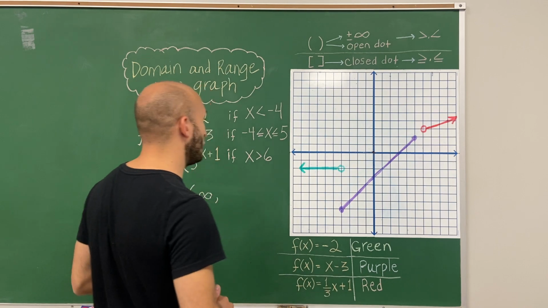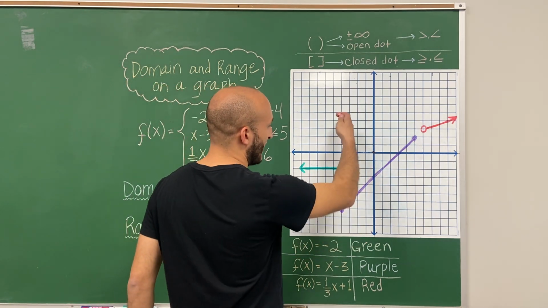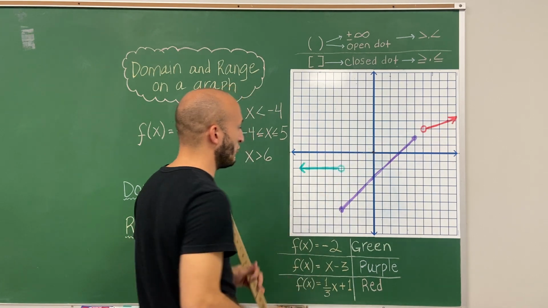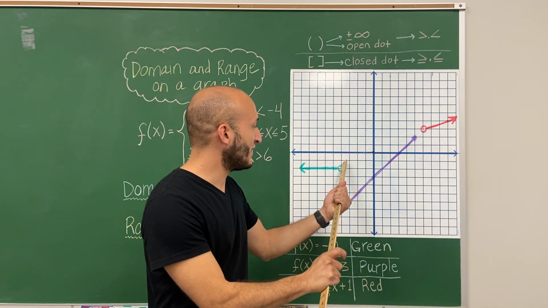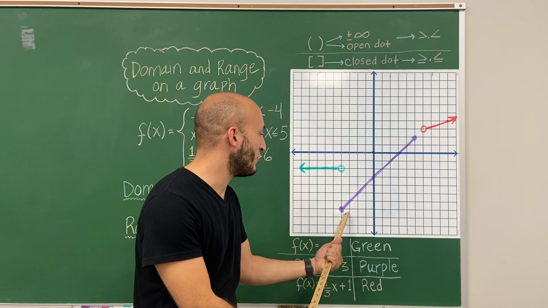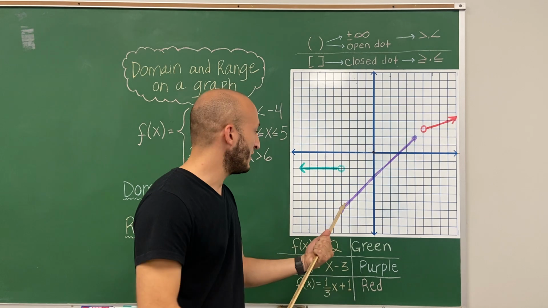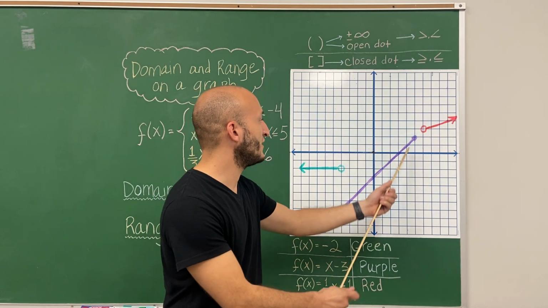So I have to include negative 4. I can't just stop at negative 4. So starting from negative infinity, at negative 4 there's like a slight hiccup there, but you're like, oh no, wait, there is a graph, a point there. So I include it, and it continues, it continues.